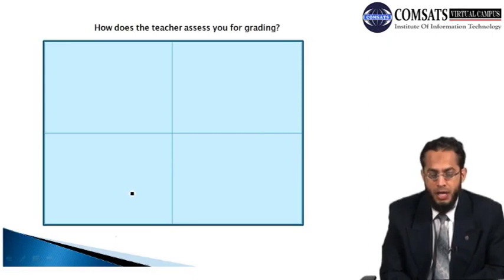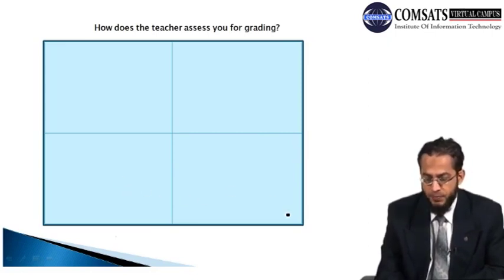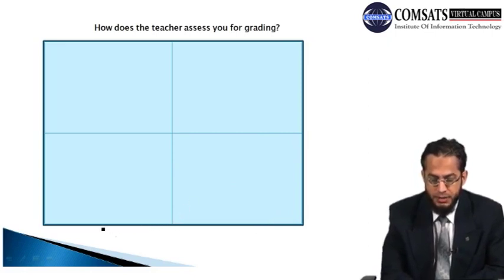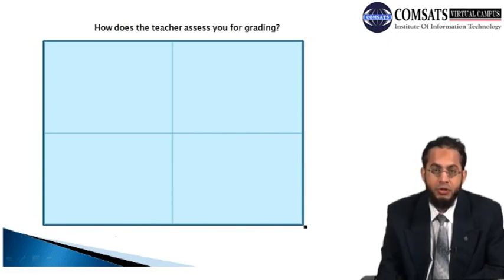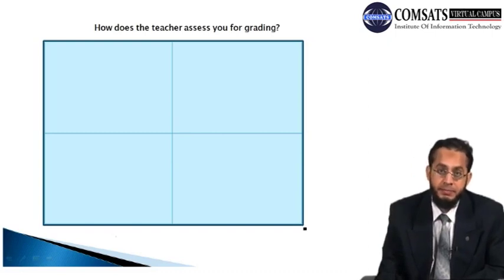Right. For those of you who are new to this, line जो आप देख रहे हैं, ये यहाँ तक जो जा रही है, it's called a horizontal line, जिसको आप x-axis भी कह सकते हैं.